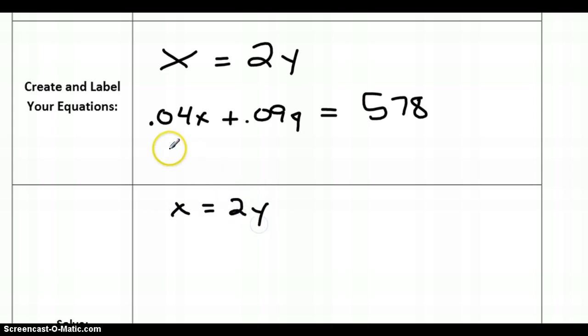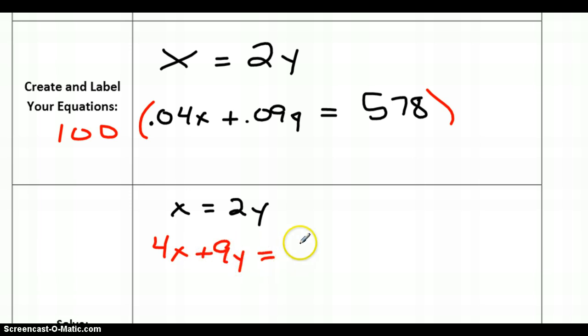So I would multiply this entire equation by 100, just to move my decimal places over twice. It's going to turn this equation into 4x plus 9y equals 57,800.